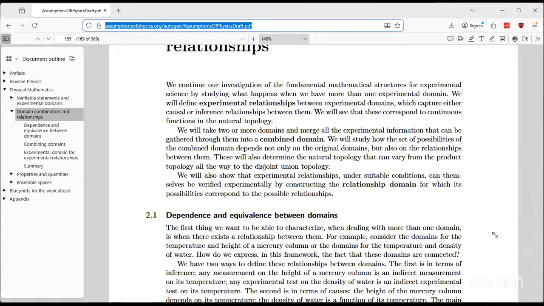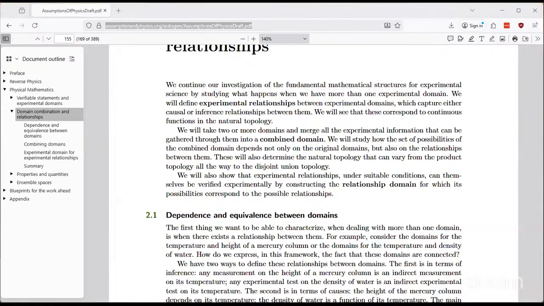We will see that these correspond to continuous functions in the natural topology. We will take two or more domains and merge all the experimental information that can be gathered through them into a combined domain. We will study how the set of possibilities of the combined domain depends not only on the original domains, but also on the relationships between them.